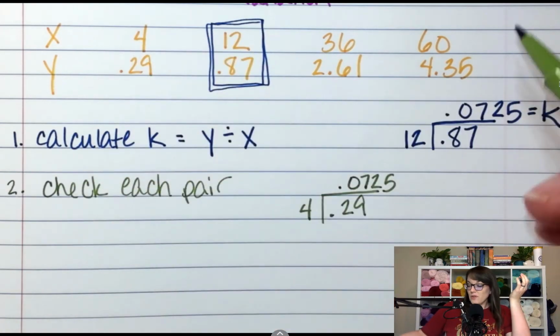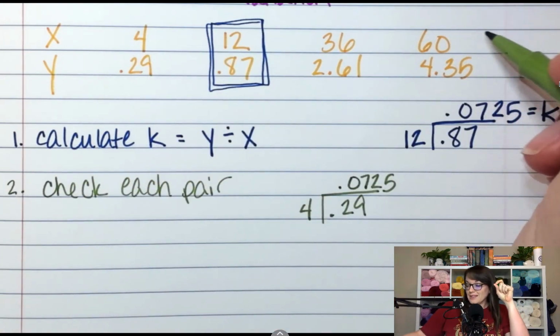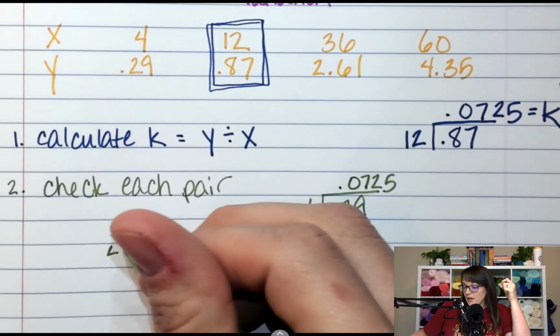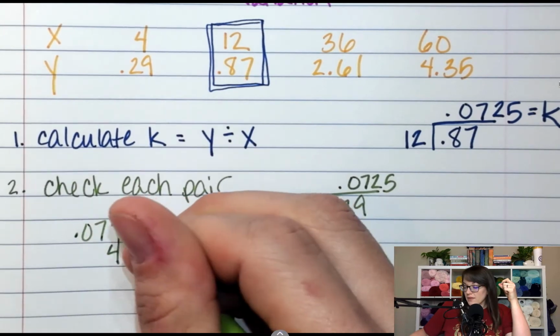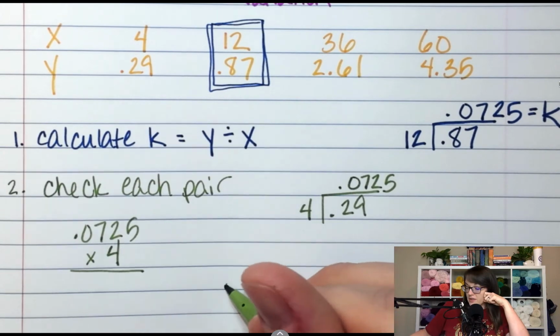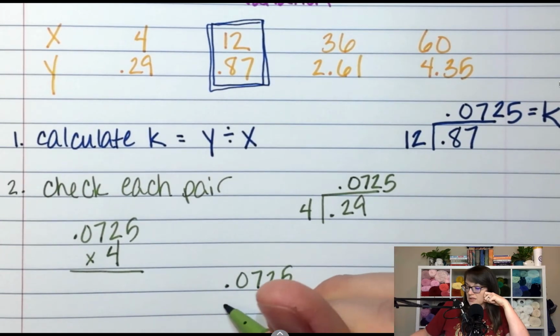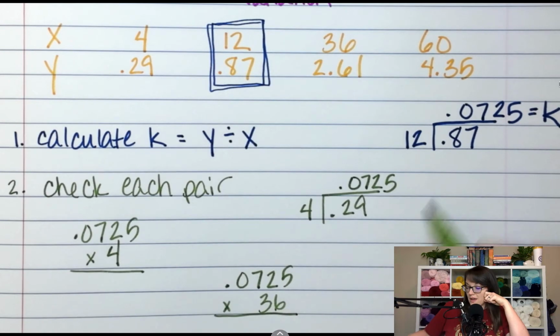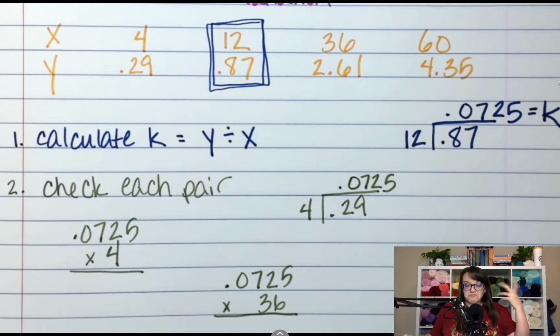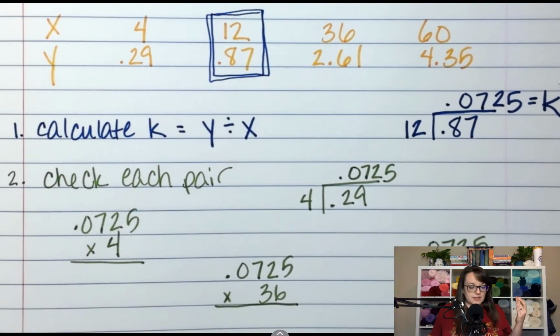So if the relationship to get from my x to my y is to multiply by this number, I could multiply 0.0725 times 4, 0.0725 times 36, and 0.0725 times 60. And if all of those get me to my y, then I'm good. It works, because that's just another way you can check it.